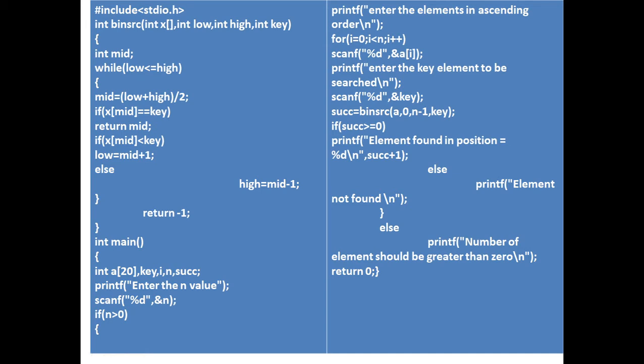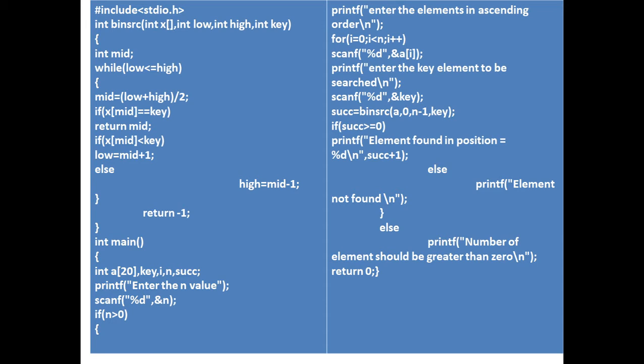You will have a key element that you have to search in an array. An array of elements will be there, and the key element is the element that you want to search in the array. Now, how will you search the element in the array? First, the array has to be divided.